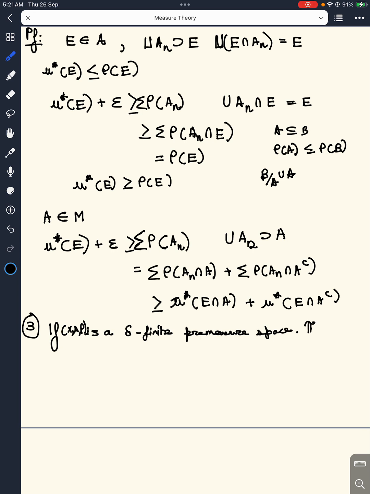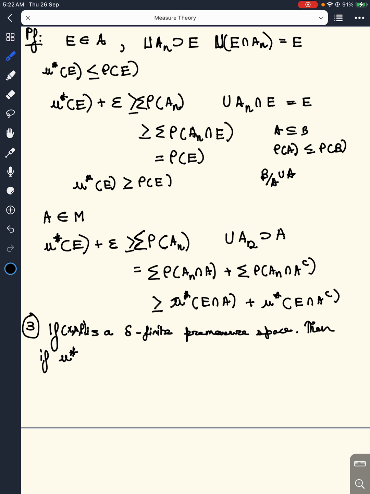Then X can be written as a countable union of elements of finite pre-measure in the algebra. This is a very general theorem, but we combine all this into Caratheodory.